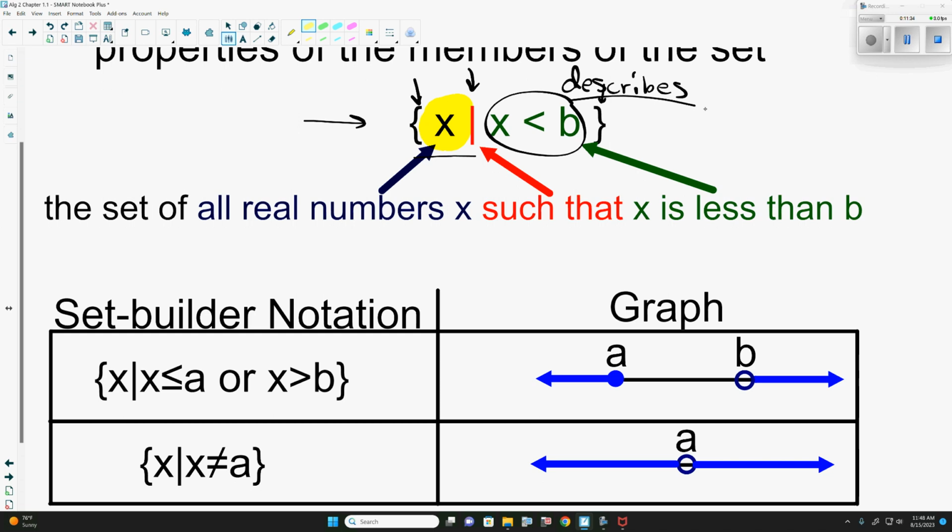What this is saying is the set of all real numbers such that X is less than B, whatever B is. So if B was 4, that means the set of all real numbers such that X is less than 4. So the first part is telling what types of numbers we have, and such that describes it.